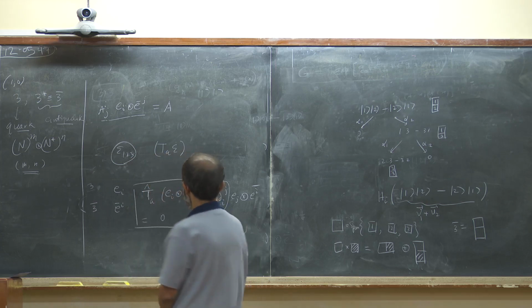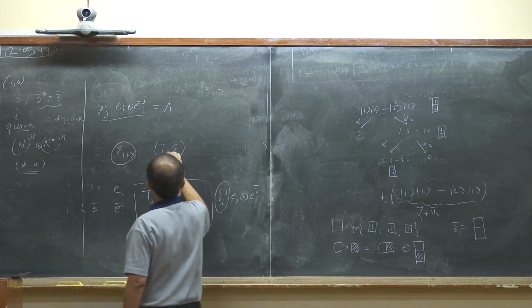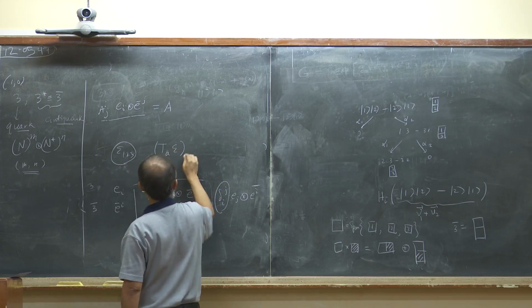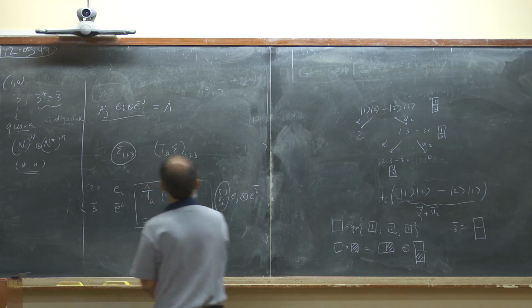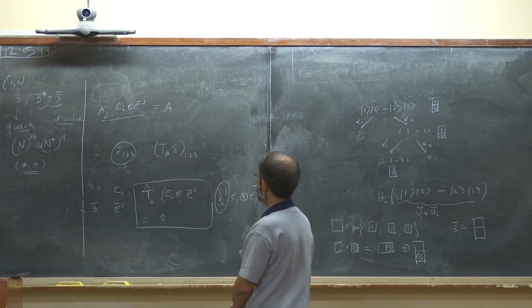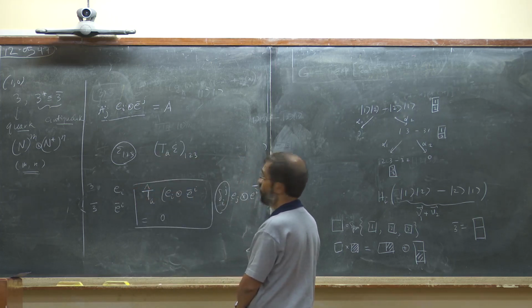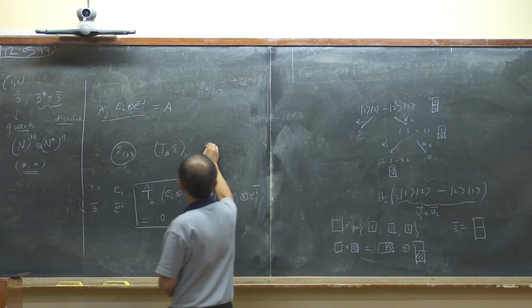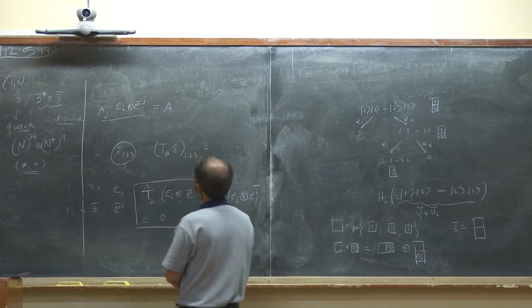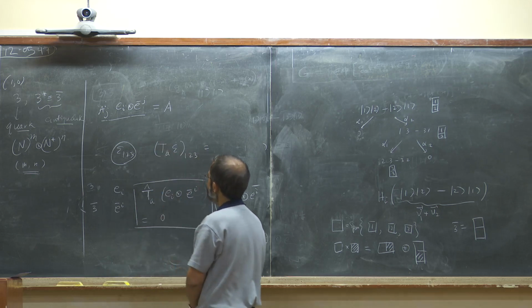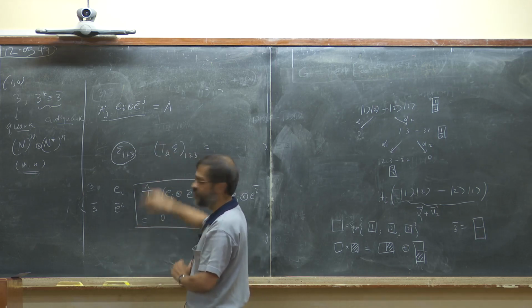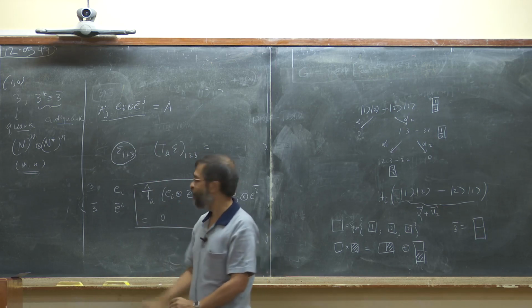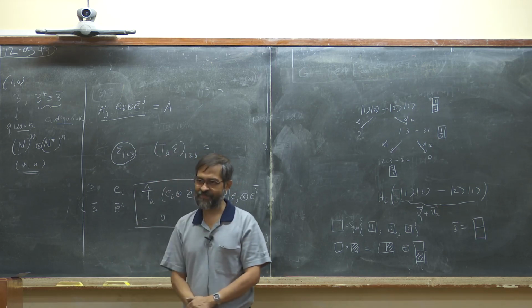So let us look at T^A acting on this epsilon tensor, the 1, 2, 3 component of that. Now we know how to apply these Lie algebra elements on a tensor.